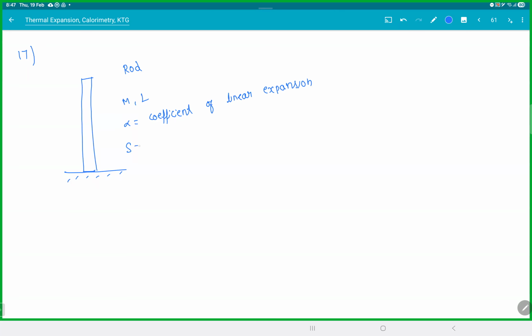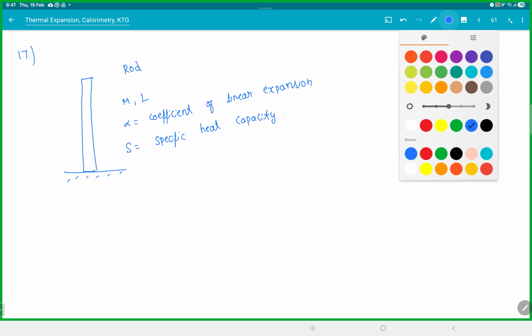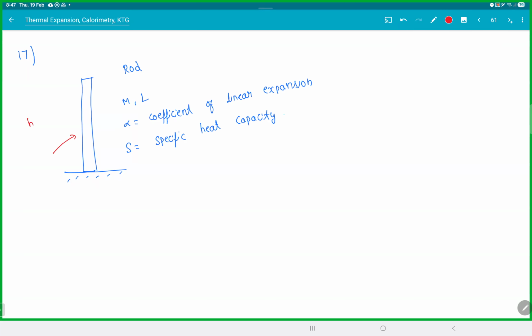S, the specific heat capacity. Then someone gave heat Q to the rod.